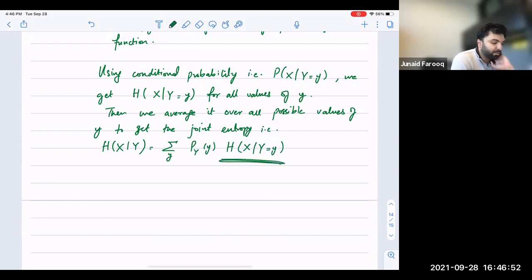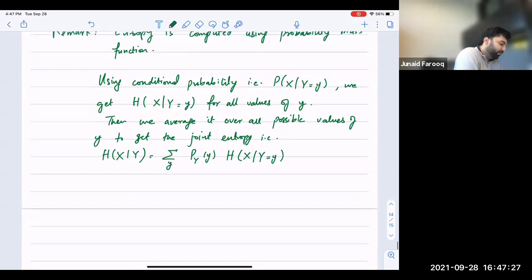So this entropy depends on a probability mass function, and that probability mass function has to be the conditional probability mass function for a small y value. And if you have all the small y values, then you will have different conditional entropies, and in the end you just average them together to get the h of x given y. So this requires a little practice. You may not get it if you don't do it by yourself. So try the same example without looking at the notes, and you get the hang of it.